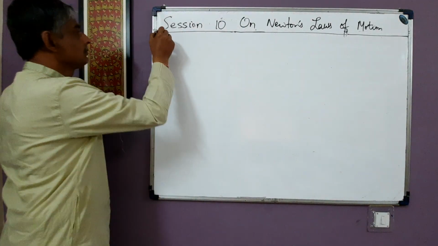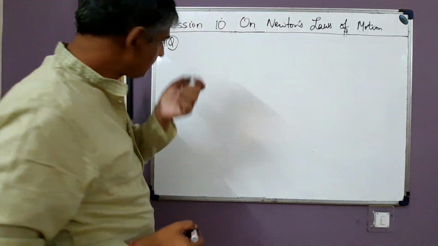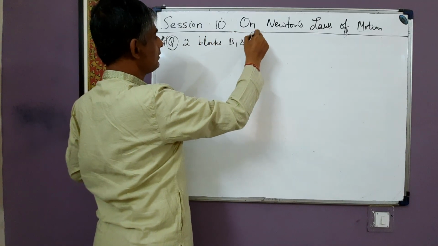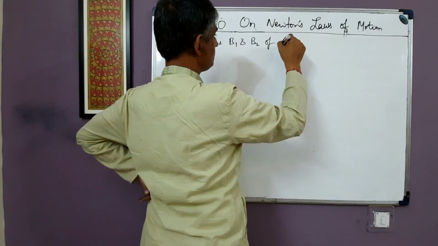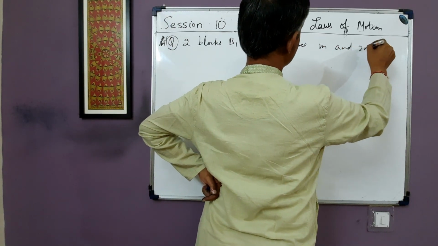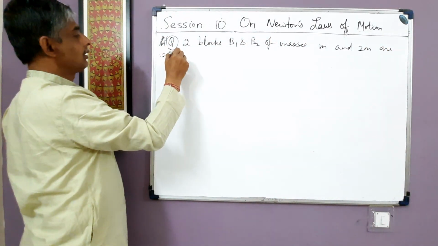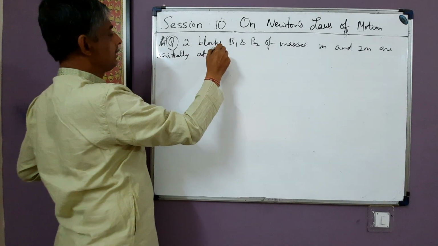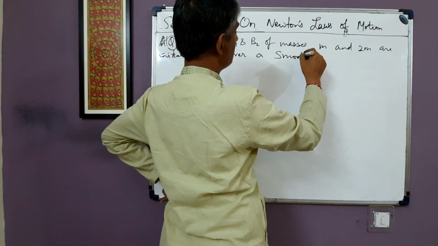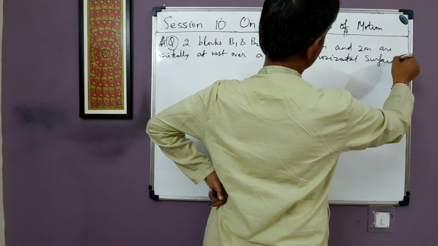See, the question is this. Two blocks B1 and B2 of masses M and 2M are initially placed at rest over a smooth horizontal surface.